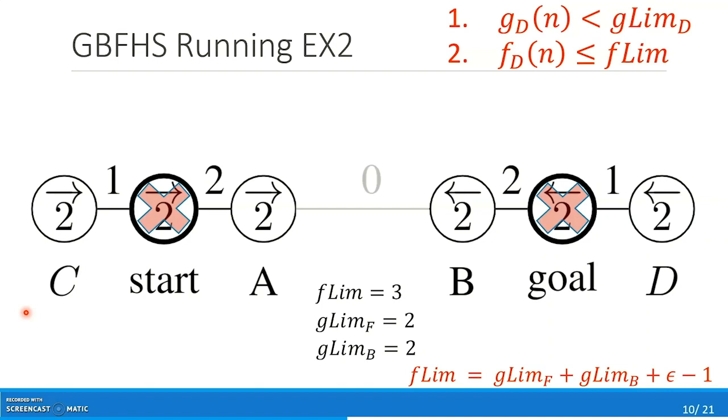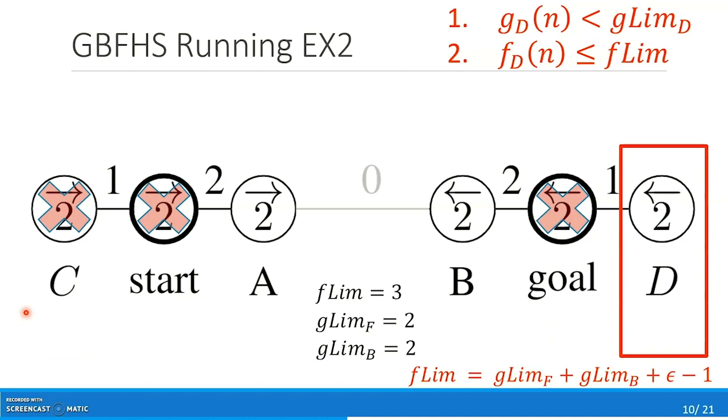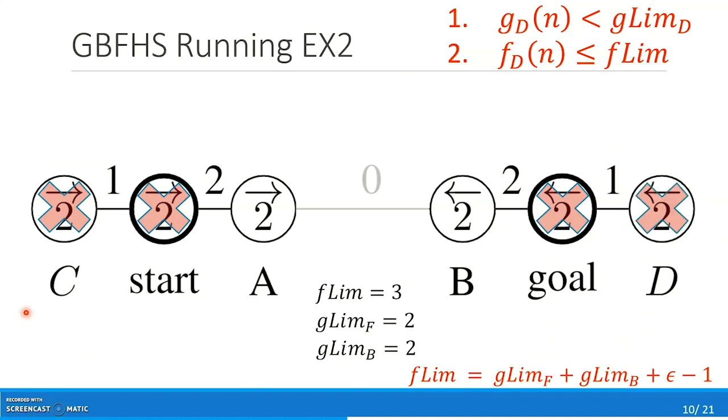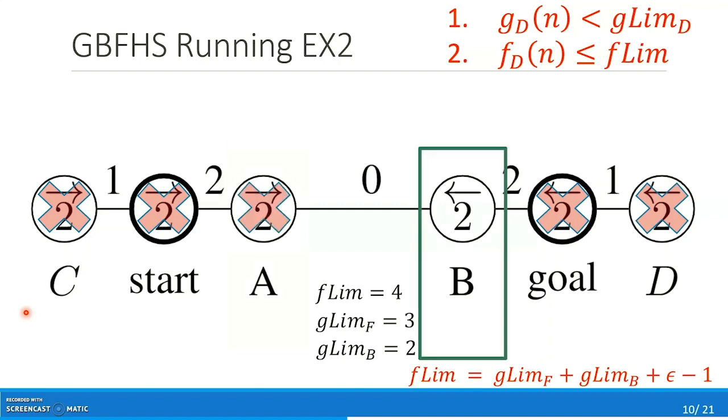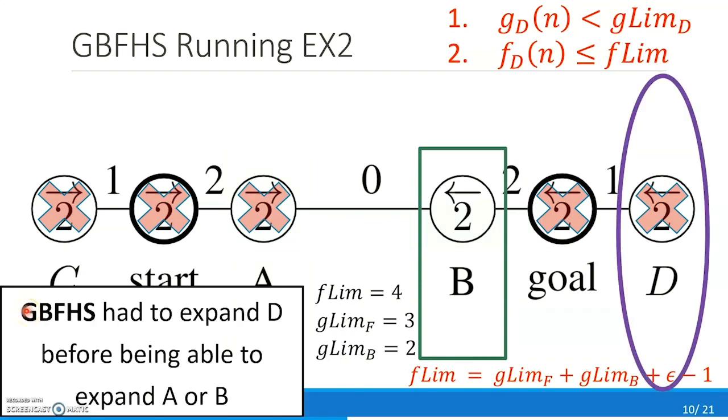So GBFHS must choose to expand C and D before being able to increment the flim value and expand A. After expanding A, an optimal solution was found. Note that just like FMM, GBFHS had to expand D before finding the optimal solution.